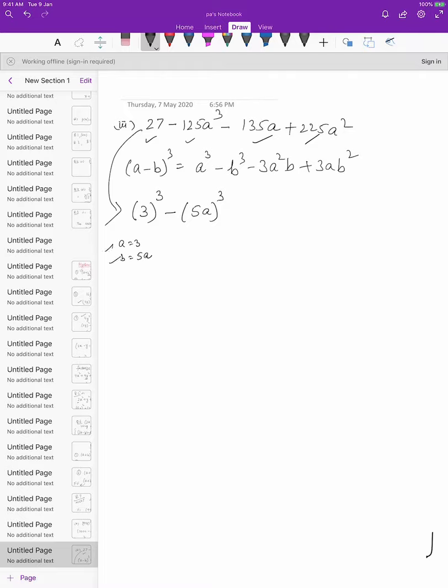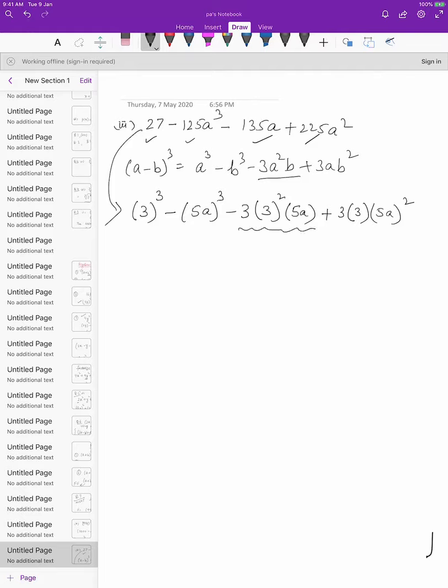Using these 2, let me write it in this format now, minus 3 into a square, that is 3 square into b, which is 5a, 3 and 5a I have chosen as a and b, plus 3 into a, what is a? 3 into b square, that is (5a) whole square. So let's check out whether we have written it exactly in the format of the identity.